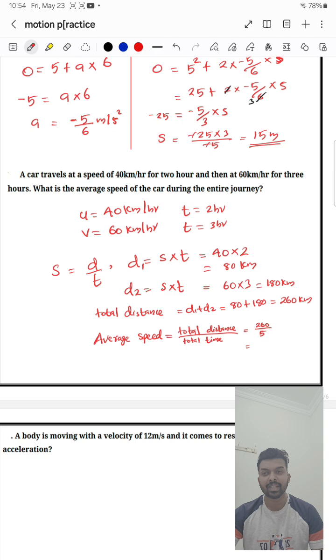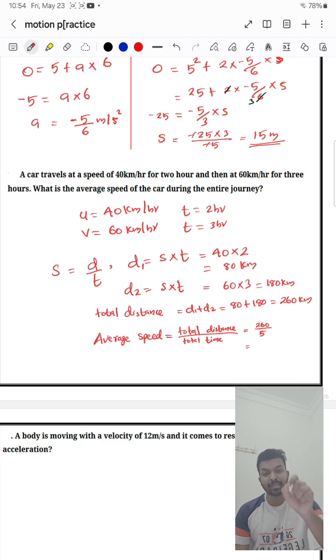Now see here, you just divide and then you will get the average speed. Clear? So let's see what is happening. It is very simple actually. 250 divided by 5 is how much? It will be 50, isn't it?